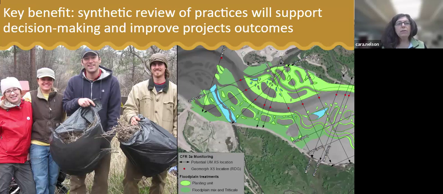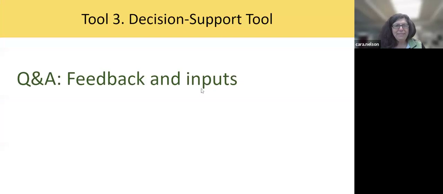But in reading through the full set of practices and walking through them in a guided way, we're hoping that we're really going to be able to optimize benefits to nature and people from restoration. And we spent a lot of effort, the global restoration community, in developing these standards of practice. So it would be a shame if it didn't make a difference on the ground. All right, next slide. All right, so now we'll pause and see what you guys think.